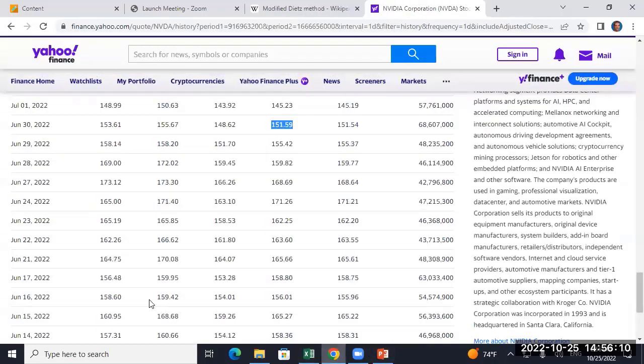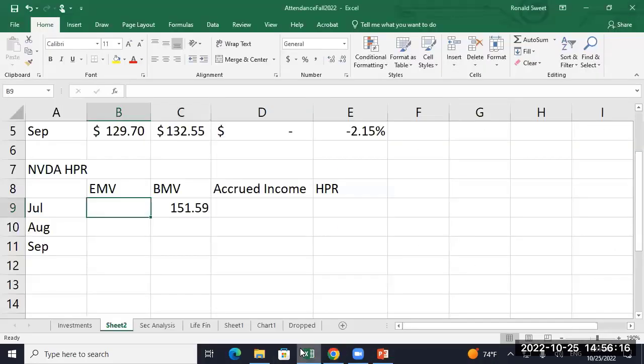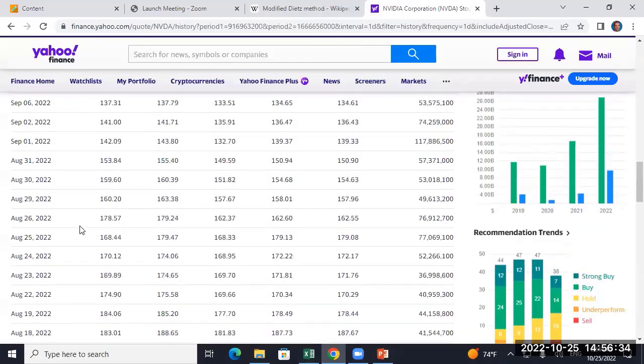Their ending market value in July is, whoa, that looks pretty good, 181.63. What's their accrued income? 0. Because when was it? It was September, right? 4 cents in September, so nothing there. There's their beginning market value for August. Let's look at the ending, 150.94.